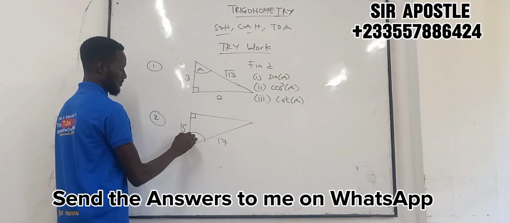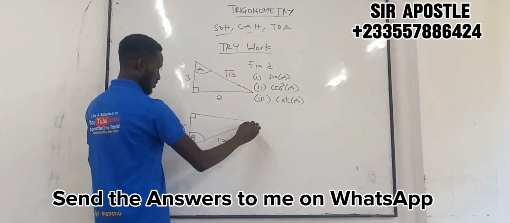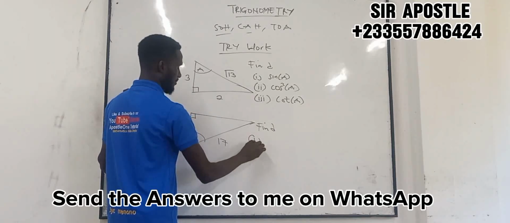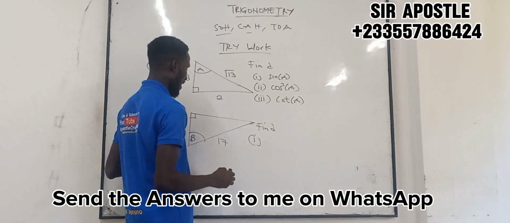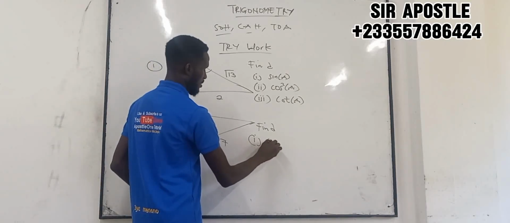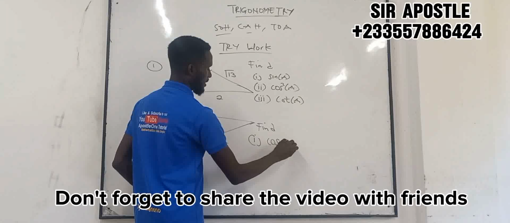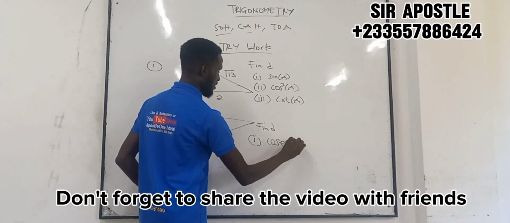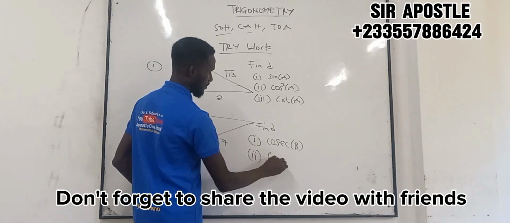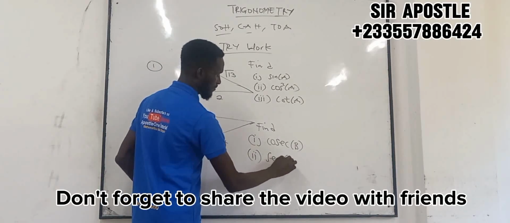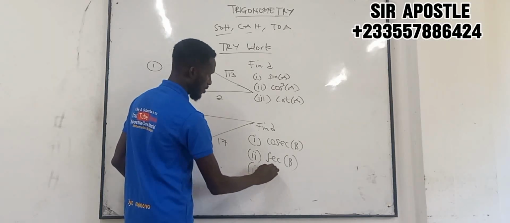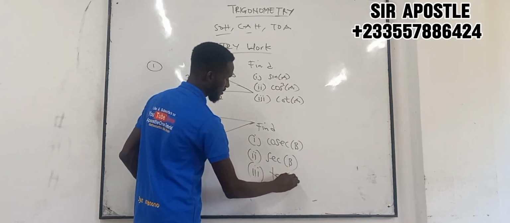The angle is B. You are going to find part 1, cosec of B; part 2, sec of B; and part 3, tan B.